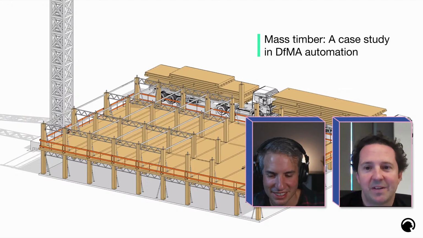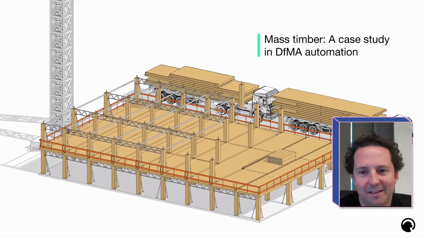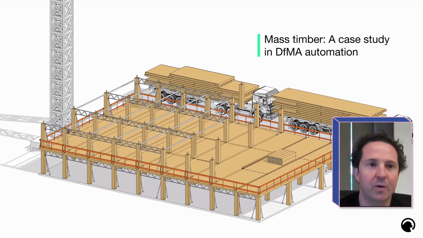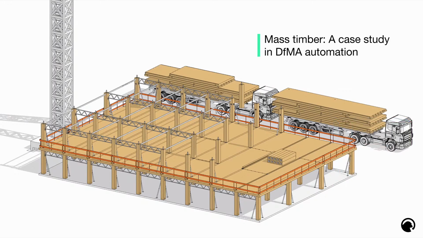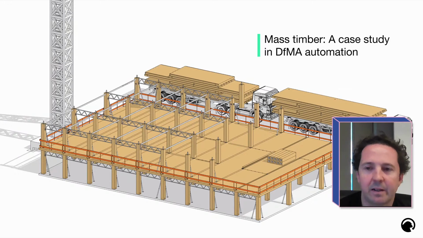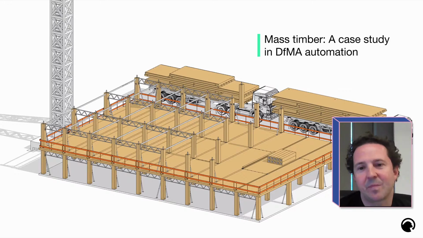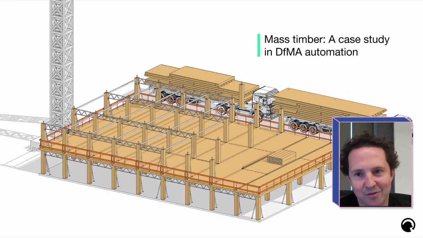So, mass timber, I guess, it's definitely the flavor of the month. A lot of architects are looking at it, particularly around embodied carbon, as that's becoming more and more important, and documenting that with Architects Declare and things like that. I'm interested in it not just for that, but also because it allows that mass customization DfMA workflow.